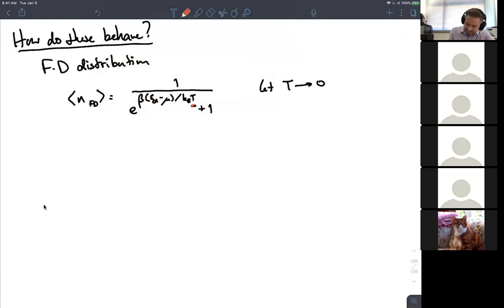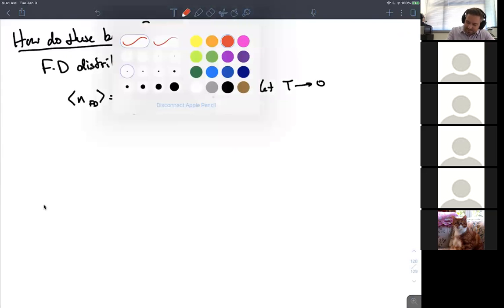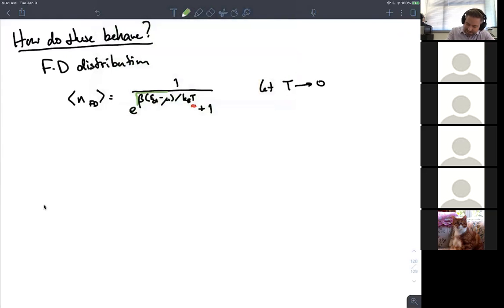So the temperature is right here. What you're doing is taking the denominator of that exponent and letting it go to 0. It's getting very, very small. So the numerical value of that exponent is going to start getting bigger and bigger and bigger.